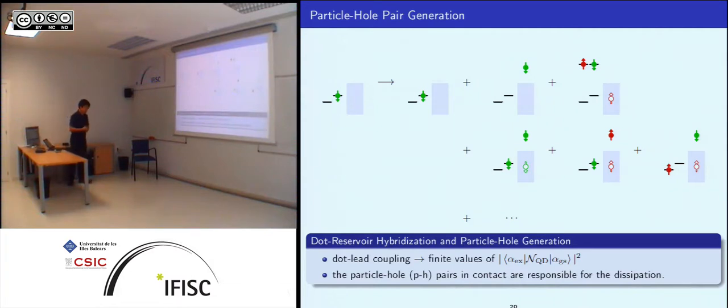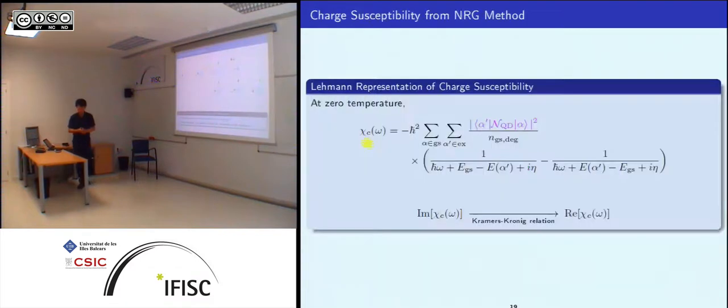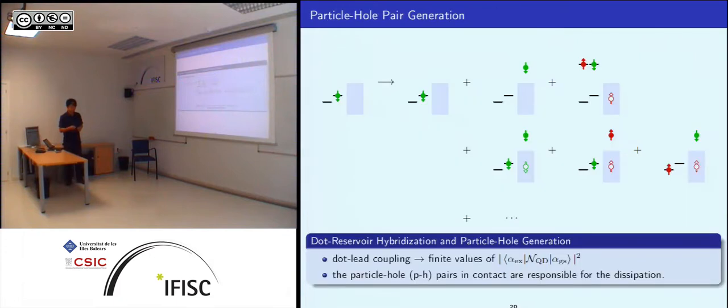Okay, then we see why we have such a relaxation resistance in our system. The finite charge susceptibility should have finite spectral weight for this value. In the absence of dot-lead coupling, the dot is singly occupied.